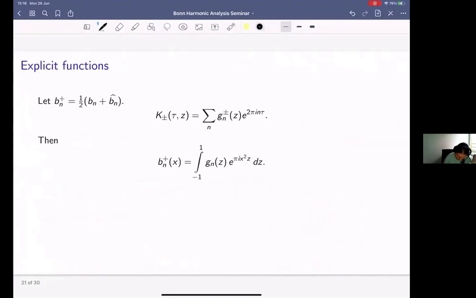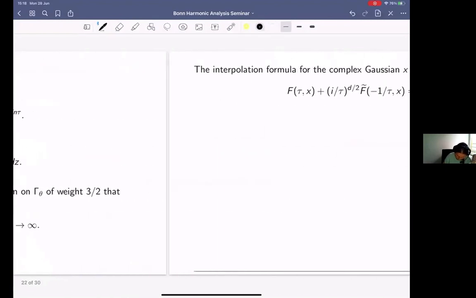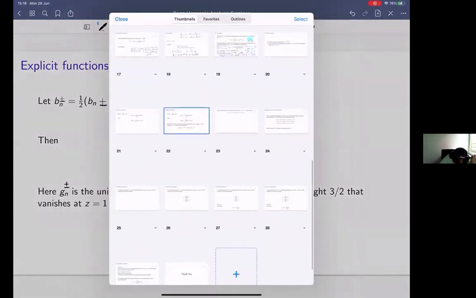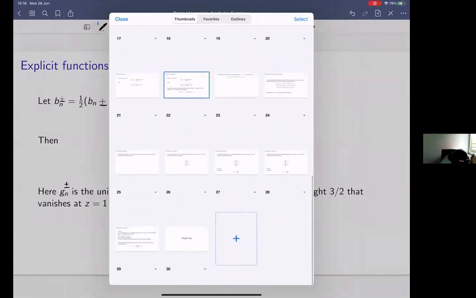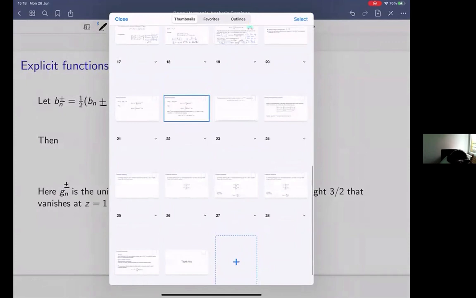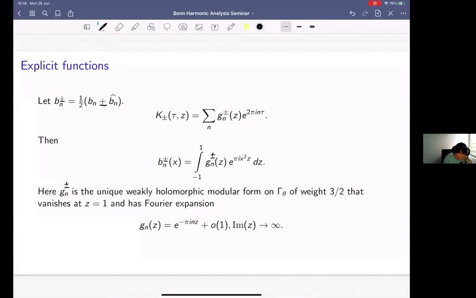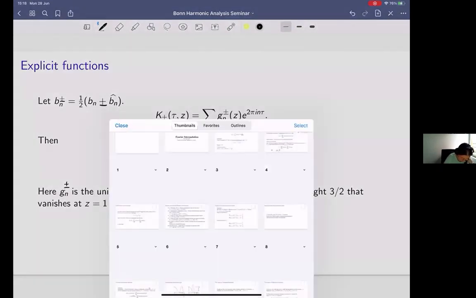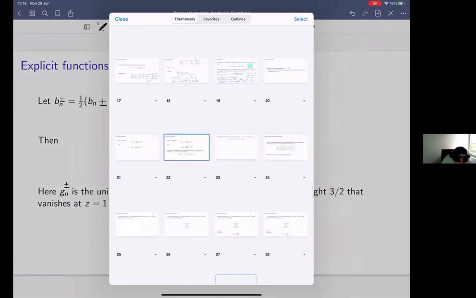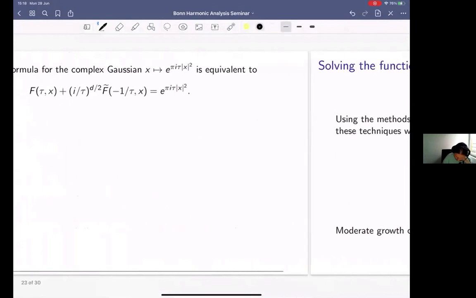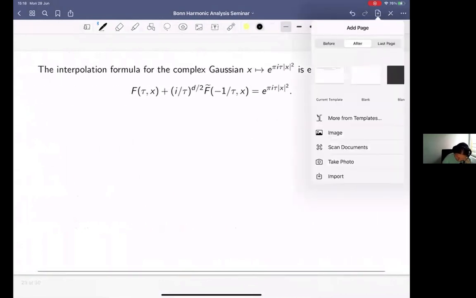Okay, maybe one thing I would like to tell is that we also had a theorem, an analog of this formula.